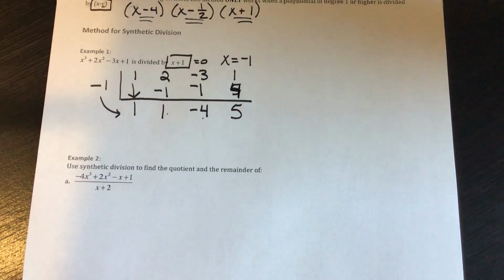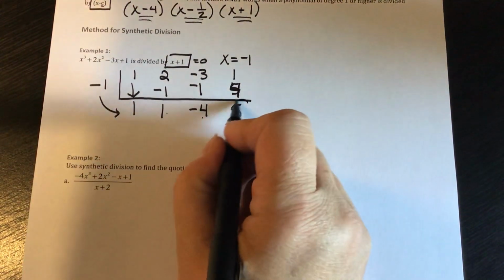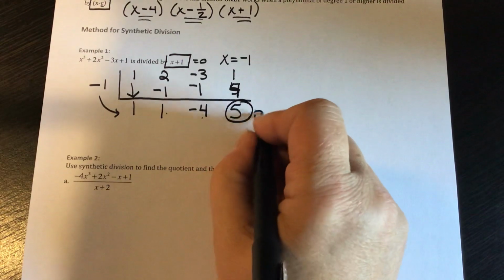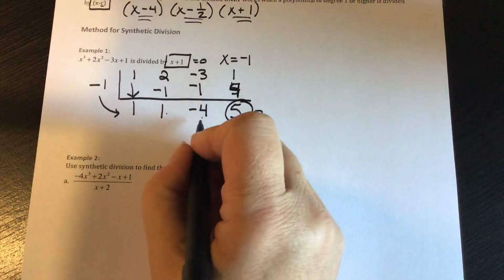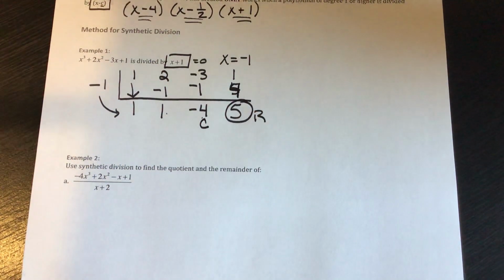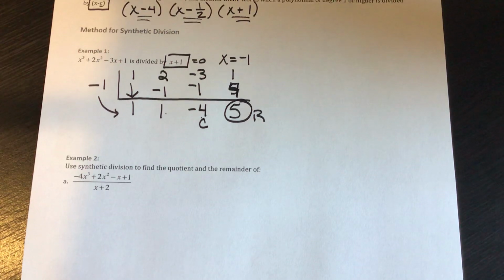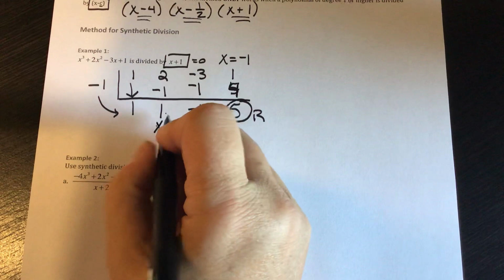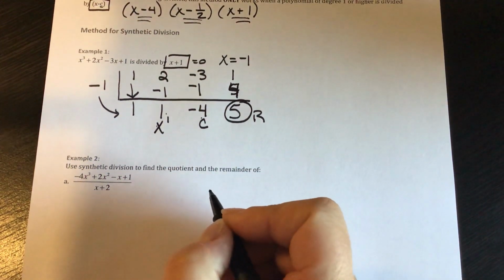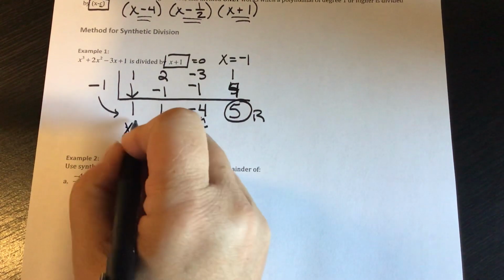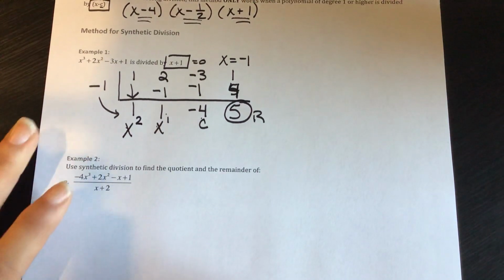So then what we're going to do is look at this last number as being our remainder. This number is going to be our constant, this number will be the coefficient of the x to the first term, and this number will be the coefficient of x squared.